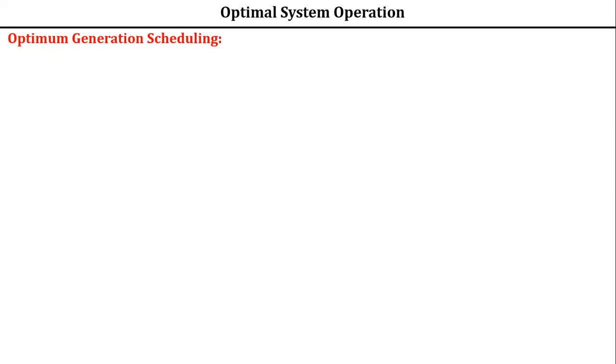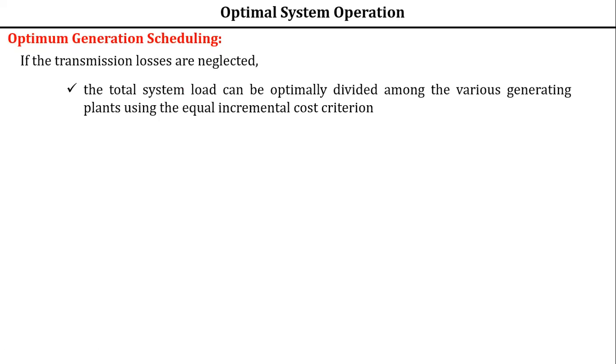Okay. Now let us see optimal generation scheduling considering losses. Same analysis, but the only thing is we are going to consider the transmission losses. If the transmission losses are neglected, the load can be optimally divided among the various generating plants using the equal incremental cost criteria.